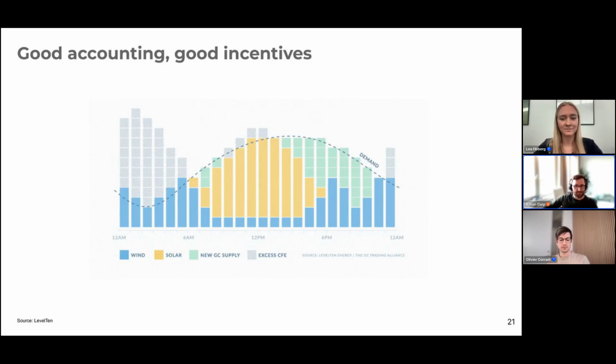And then finally, this is just a simple graphic to sum up why accounting matters. Accounting sets the incentives. It's actually accounting that is the basis of clean energy markets, right? And so we need incentives that are covering demand with clean electricity, not just when it's sunny or windy, but also in these little green dots here. It's called new GC supply.